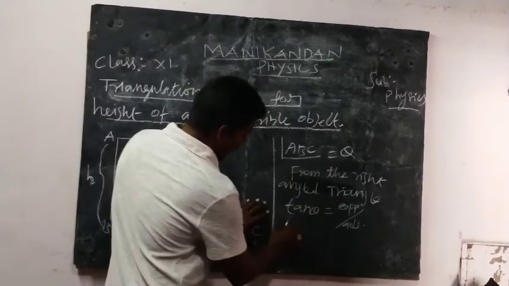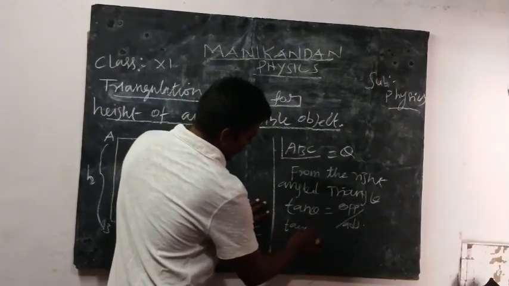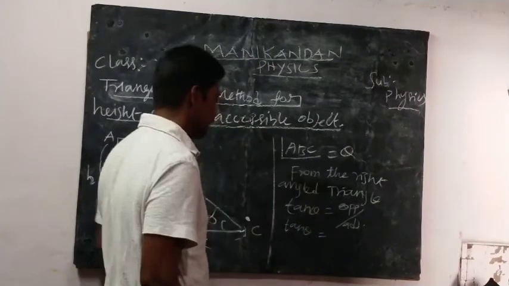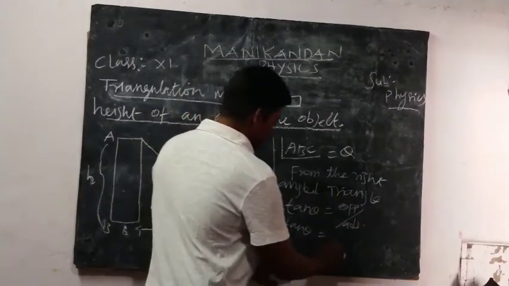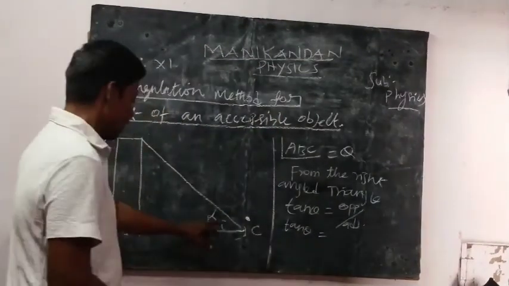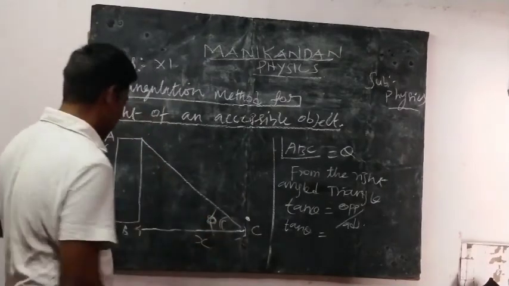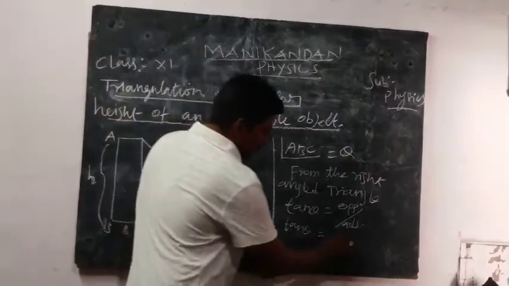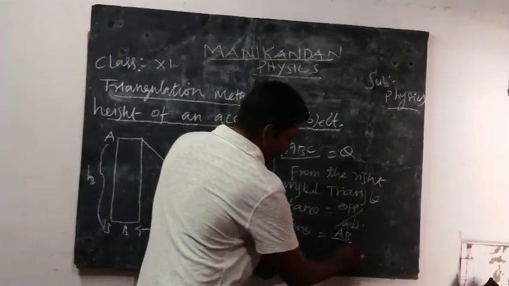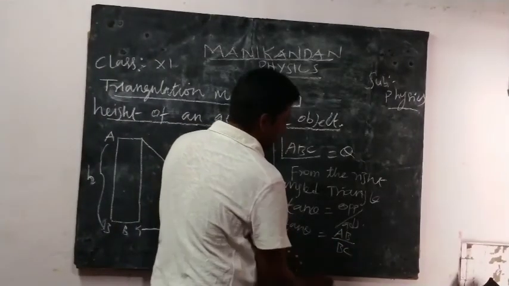So tan theta is equal to AB by BC. Opposite of theta is AB. Adjacent is BC. So AB by BC.